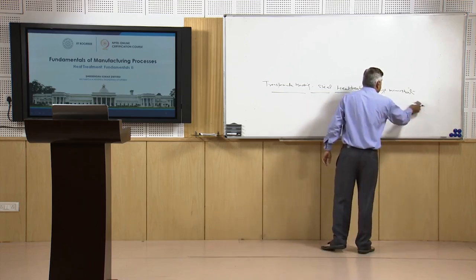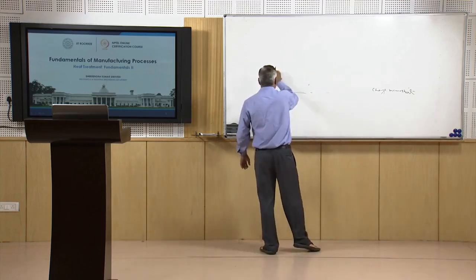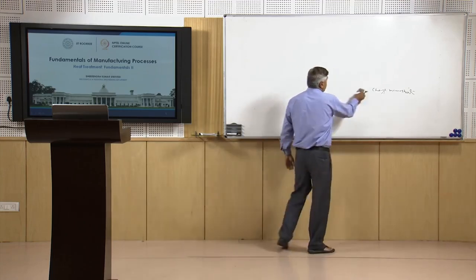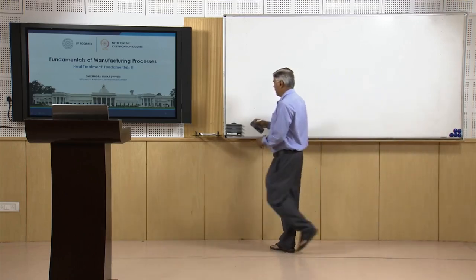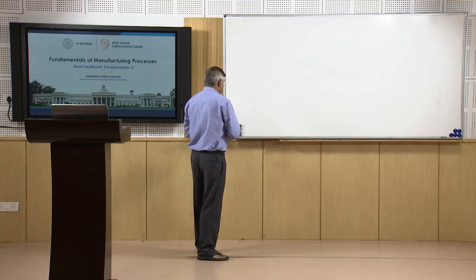So a change in structure, as per the requirement, is the target for transformation hardening. Now we will see what kind of phases it has, what kind of properties they offer, and for which kind of systems it is applicable.